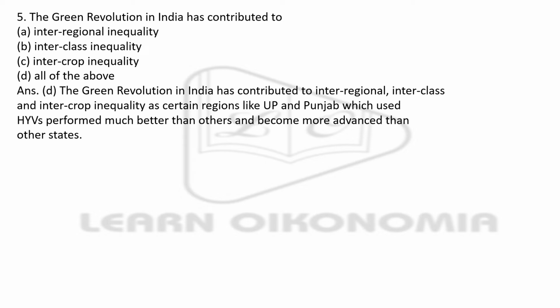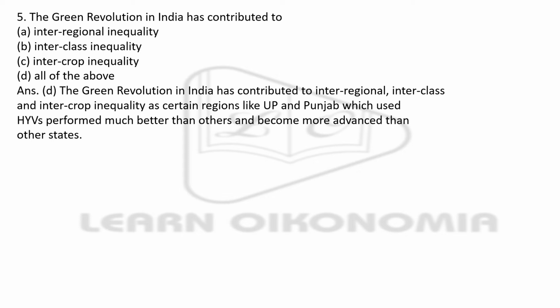So in that case, it automatically would lead to inter-regional inequality, right? That means you cannot grow a crop which grows in black soil in red soil, right?